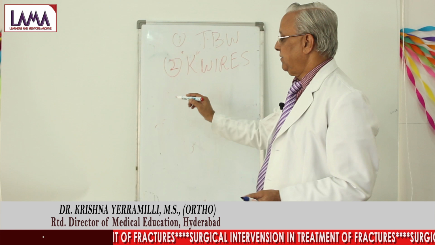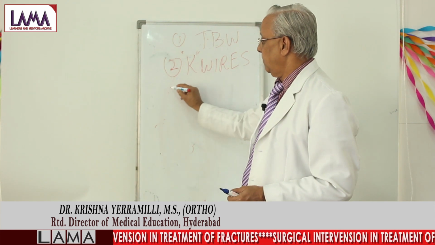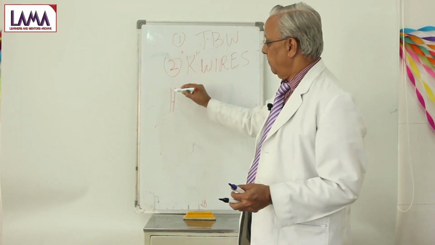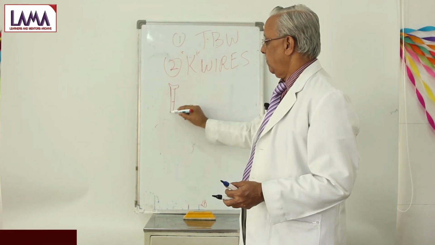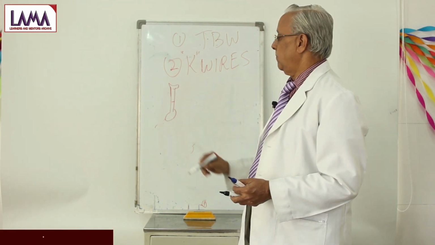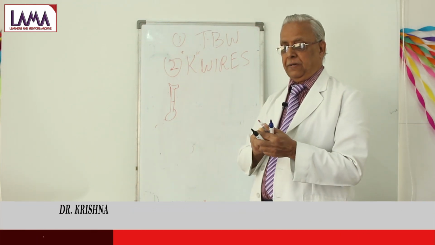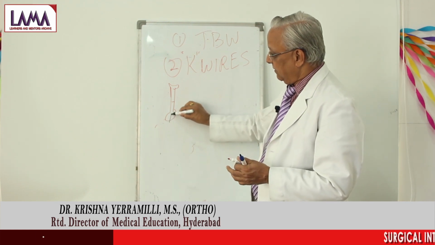Here what we try to do is, there is a small fracture in the foot or the metacarpals. What we try to do is put a small wire across like this.